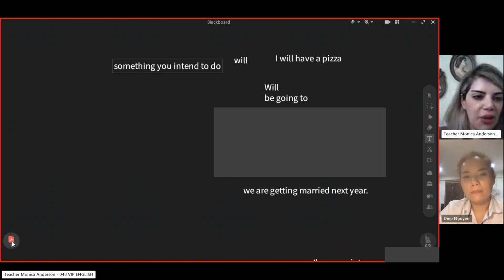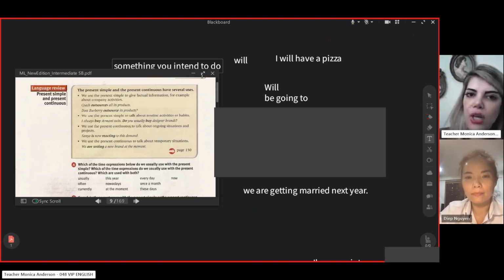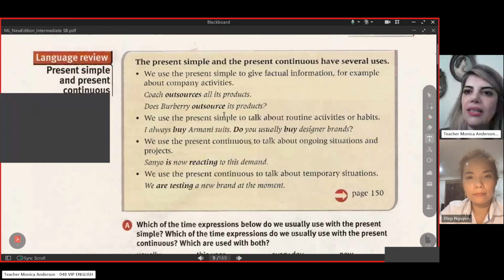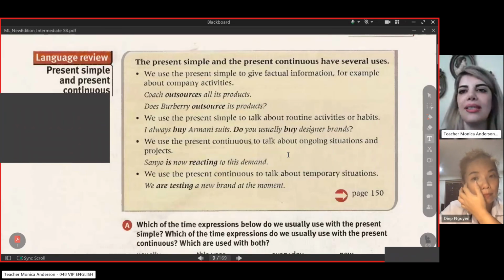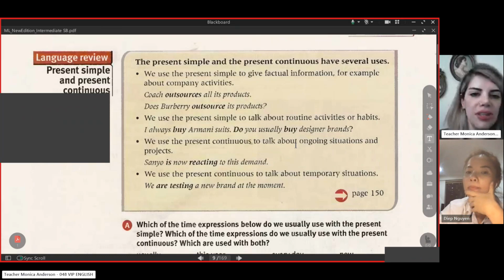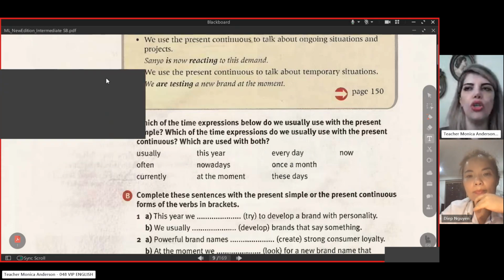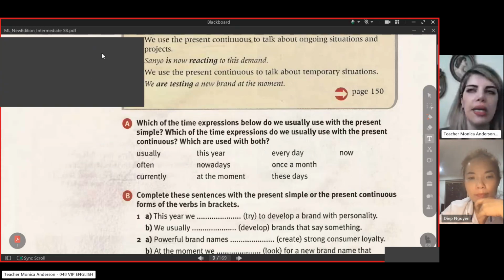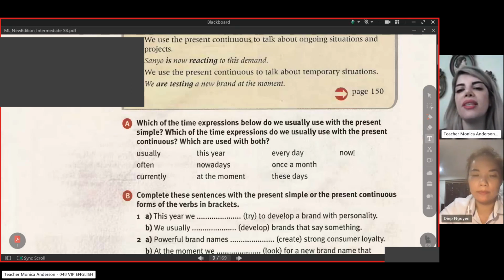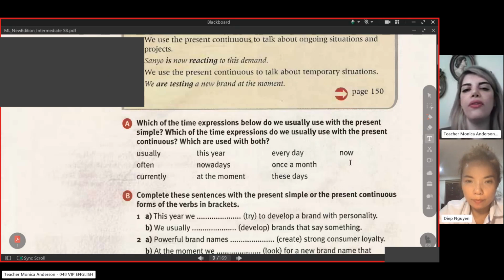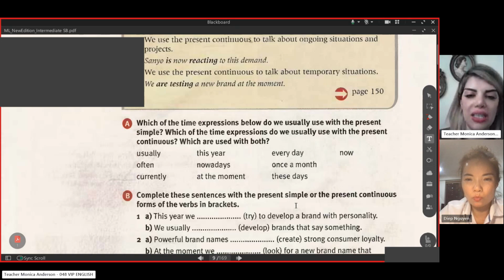Well, now let me open the book. So we talked about present continuous and present simple and several uses of these. We have some time expressions, usually adverbs of frequency, that are the signs of present simple. And we have words like now, or right now, that are the signs for present continuous.